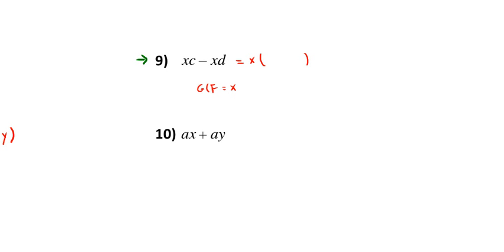Well, if I take the x out from the first term, I have a c left. There's a minus in the middle. And if I take the x out from the second term, I have a d left. And that's it.